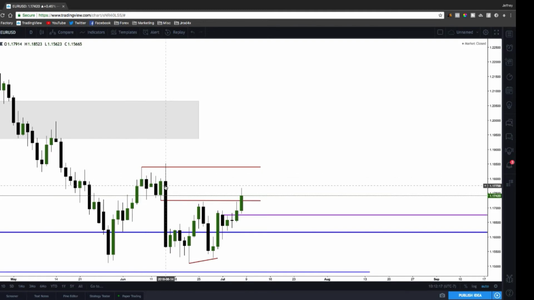Now the high on this candle comes in at 1852, so anywhere between 1840 and 1850 would be a reasonable target. We're going with the first high versus trying to catch the full move and go with this one, but it's only 10 pips, so it's not a big deal. This is going to be my overall target for the week, 1840. So that's about 100 pips from where we're at now.